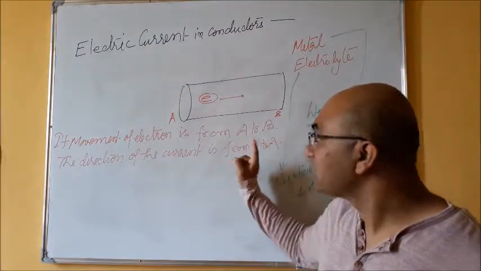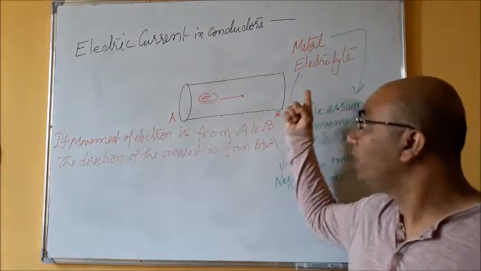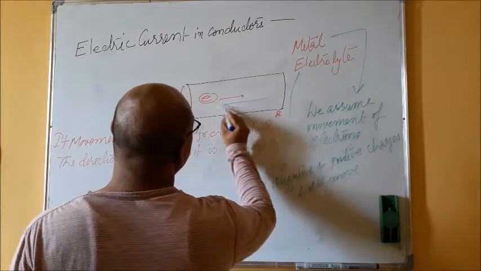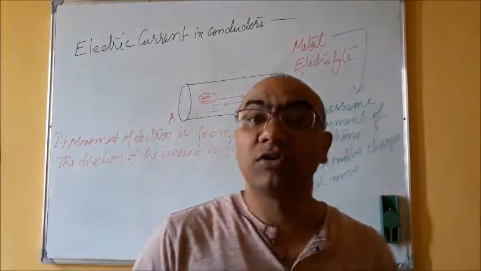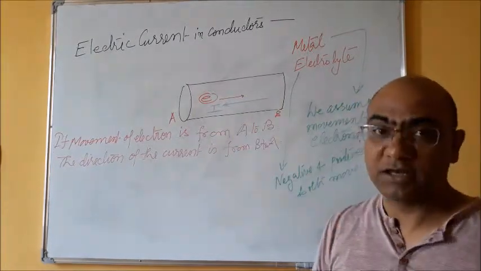And what is the negative charge particle? Electrons. So if electrons are moving from A to B, the direction of the current will be this, right? So this will be the direction of the current if electrons are moving in this direction.